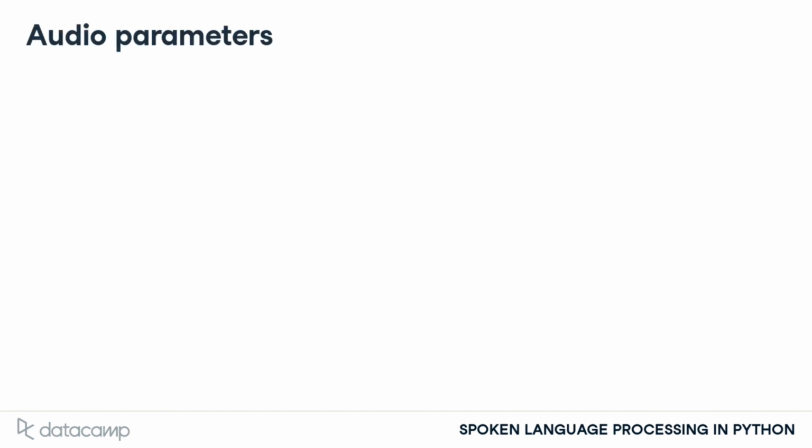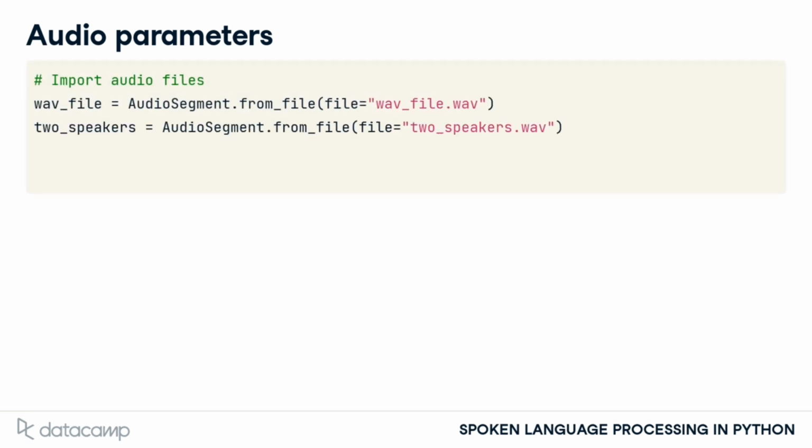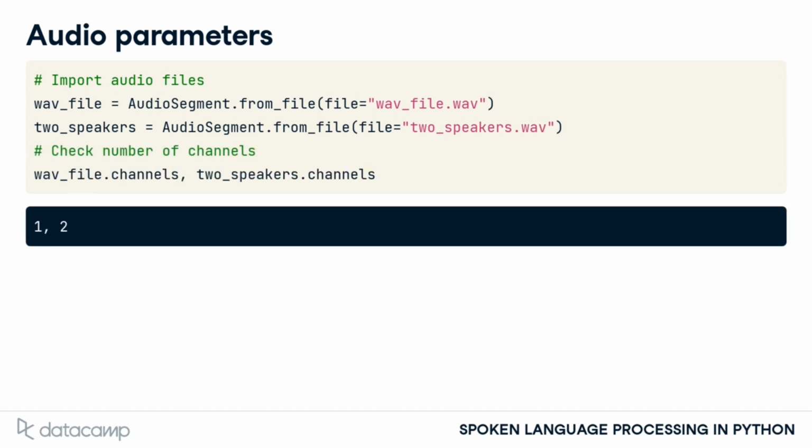When you import a file with from_file, Pydub automatically infers a number of parameters about the file. These are stored as attributes in the AudioSegment instance. For example, calling channels on an AudioSegment will show you the number of channels, 1 for mono, 2 for stereo audio.